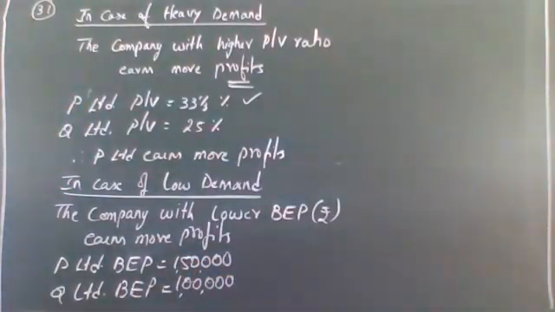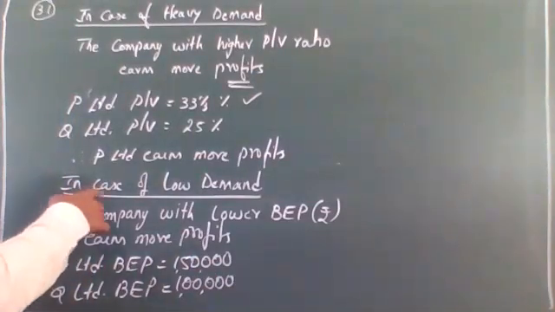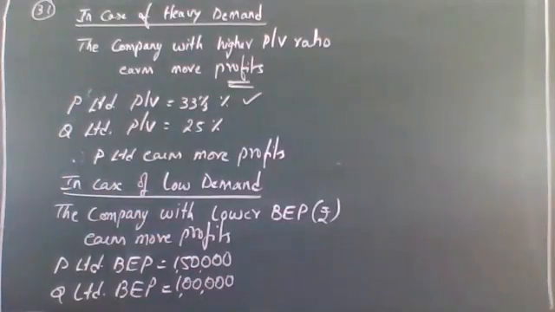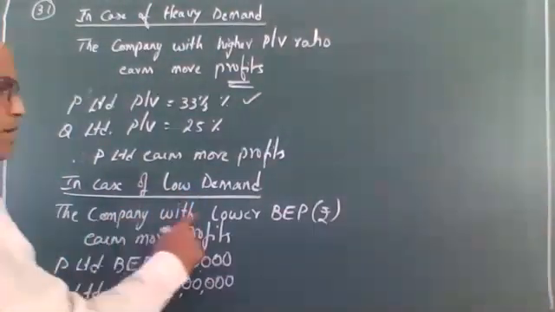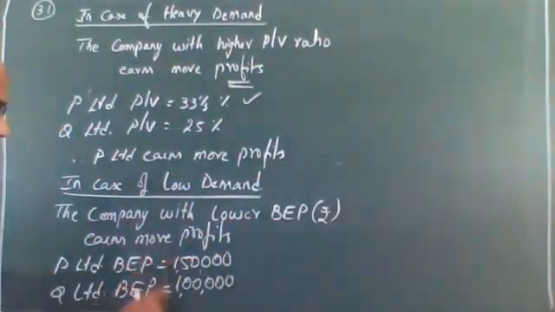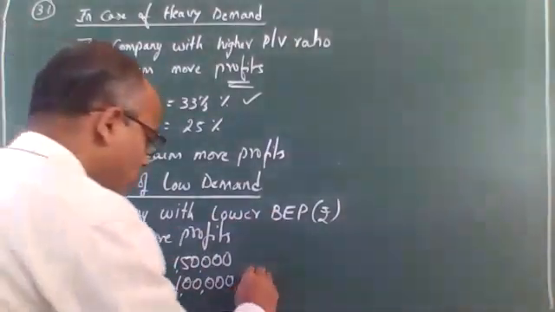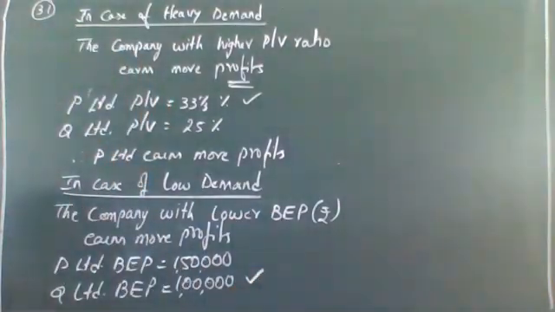Now you have to decide which company is going to earn good profits when there is low demand. The answer for low demand is the company with lower BEP. Of these two, which one has the lower BEP? Q Limited has the lower BEP.